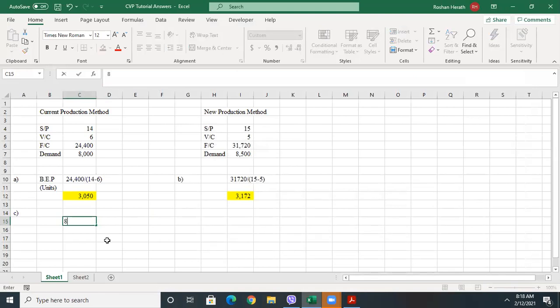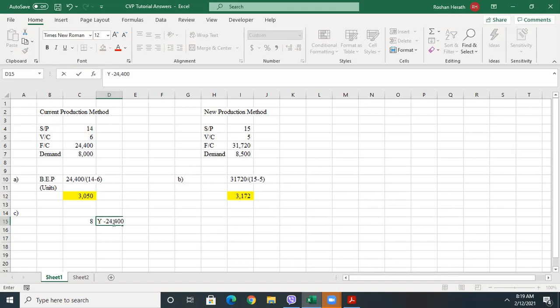You know the profit formula is going to be contribution per unit, 14 minus 6, it's 8, into number of units, let's say Y, minus the fixed cost, 24,400. So it is the contribution into number of units minus the fixed cost.